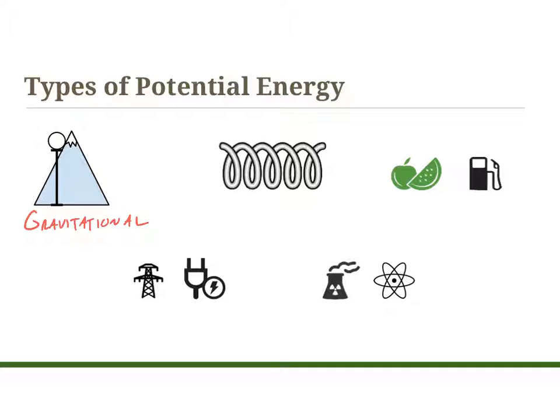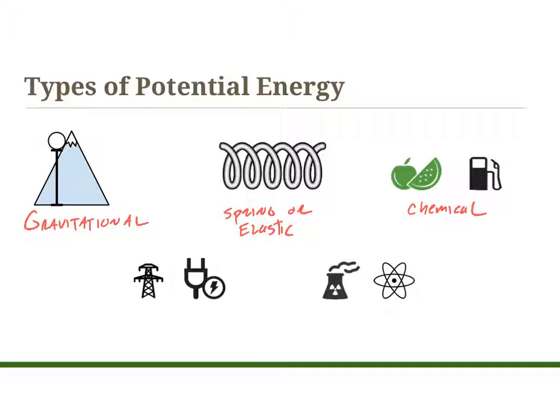Sometimes we might have a spring or something elastic and it's really, really coiled tightly or stretched apart, and we would call that spring or elastic potential energy. Another type of potential energy is chemical potential energy, in which case you might have some type of a fuel that will burn, that will make an object move, or you'll eat food and that food will become the fuel that drives your body to do things.